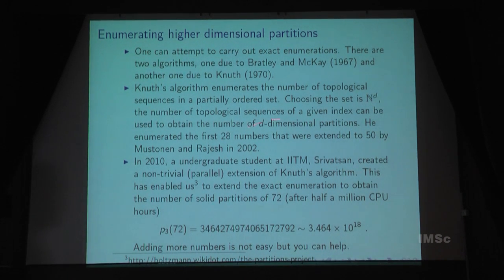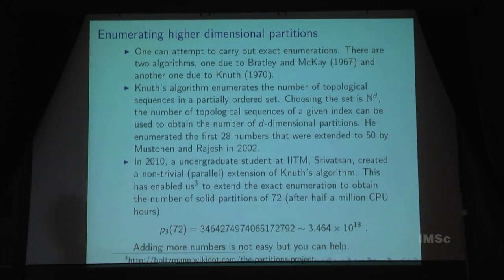So what he did was to write a program, and he actually wrote the first 28 numbers. And then this was extended by Rajesh and his collaborator Mustonen to 50 in 2002. And in 2010 I posed this problem to a bunch of students: what is P3 of 100?